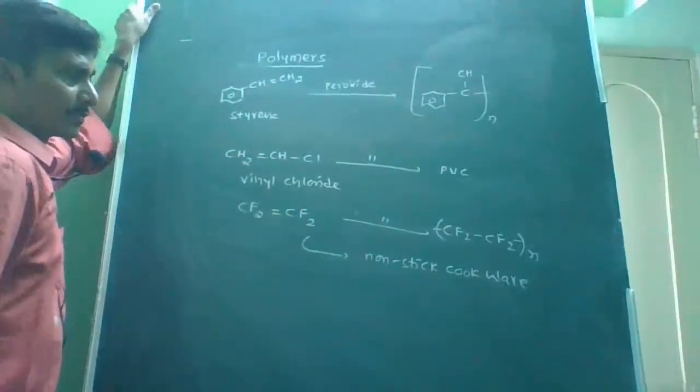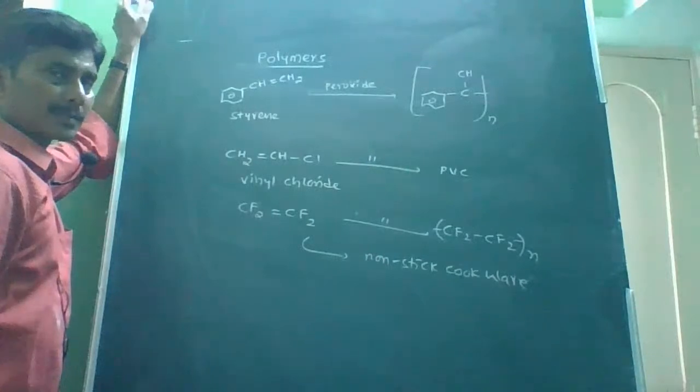Cookware is coated by Teflon because it's a heat resistant substance.